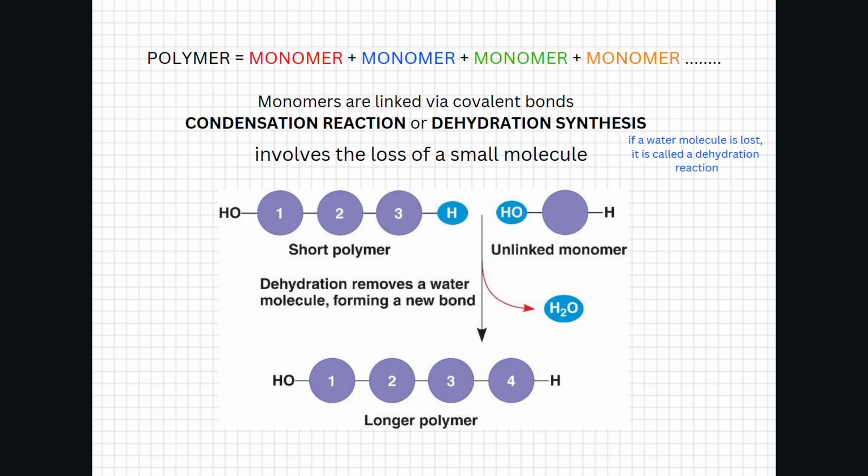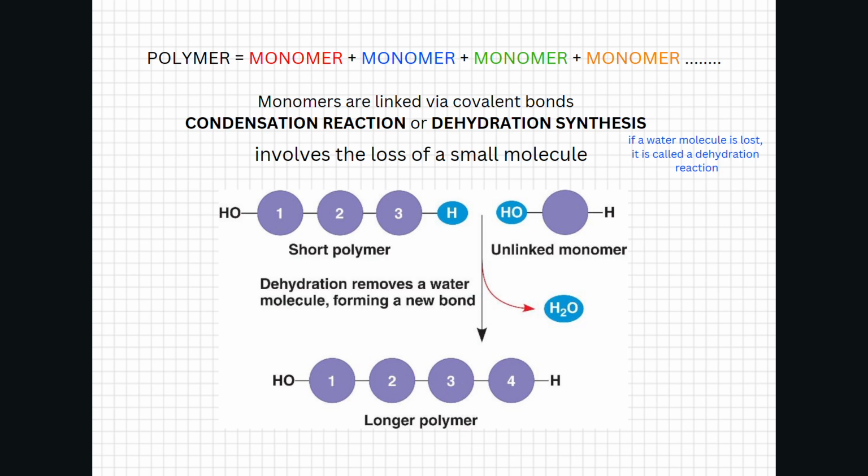They both involve the loss of a small molecule, but a dehydration synthesis reaction solely refers to when that small molecule lost is water, hence the dehydration in the name.